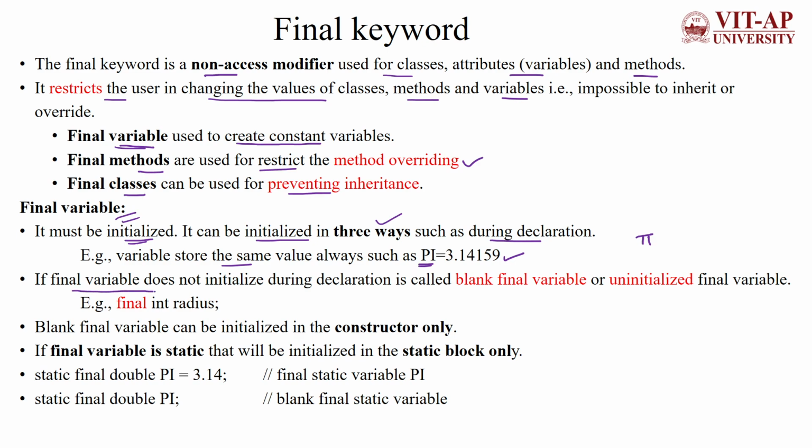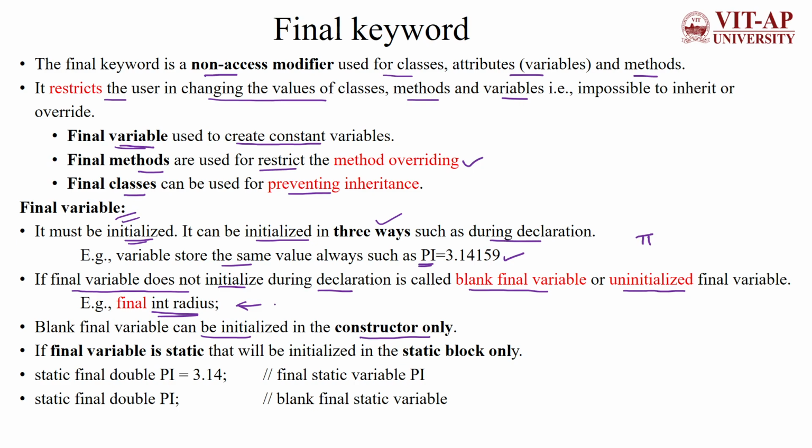If the final variable is not initialized during the declaration, then that kind of variable is called a blank final variable or uninitialized final variable. The blank final variable can be initialized in the constructor only.